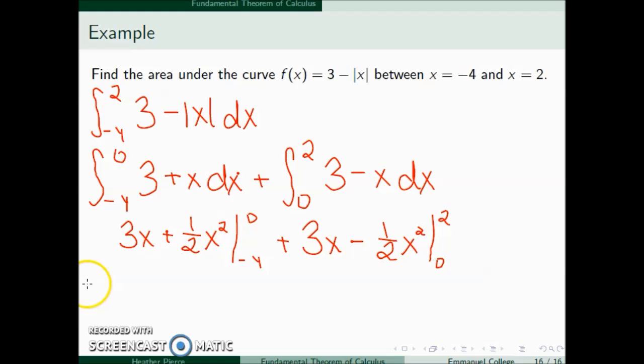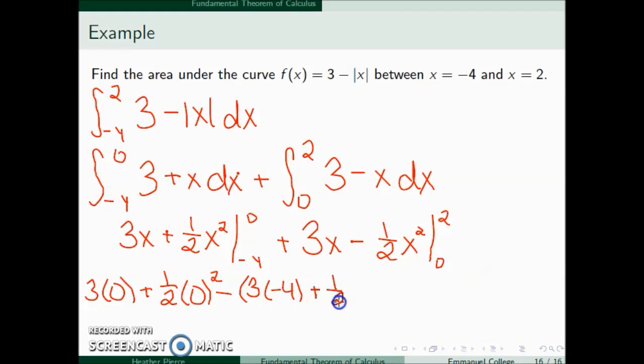So here I have 3 times 0 plus 1/2 times 0 squared minus 3 times negative 4 plus 1/2 times negative 4 squared.